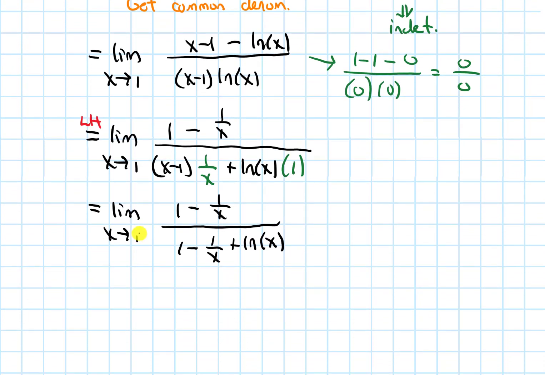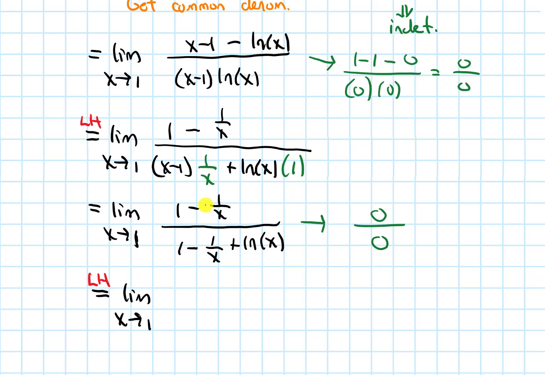So let's try plugging in now. If I plug in 1 now, I'll get 1 minus 1 on the top, which is 0. On the bottom, I'll get 1 minus 1, which is 0, plus ln of 1, which is 0. So 0 is still on the bottom. So maybe we try L'Hopital's again. Let's try L'Hopital again, and we'll get the limit as x approaches 1. The derivative of 1 is going to be 0.